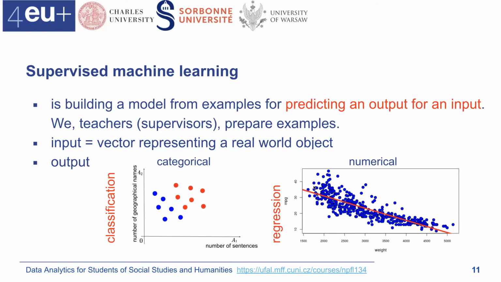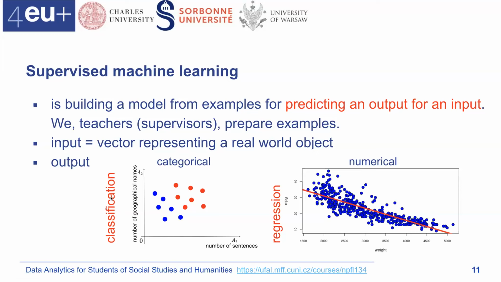And based on the type of an output, we distinguish two machine learning tasks: classification and regression. If an output is a category or class, like in the task of word sense disambiguation, there are 7 senses, 7 classes, then we speak about classification.